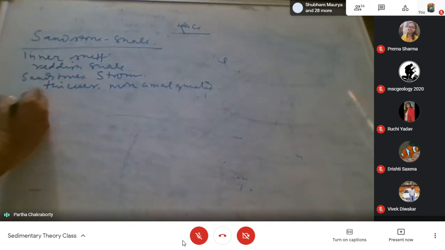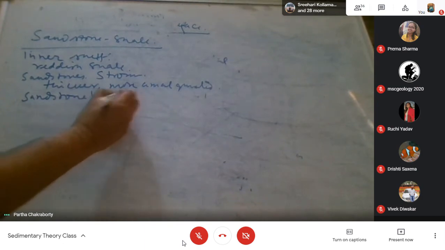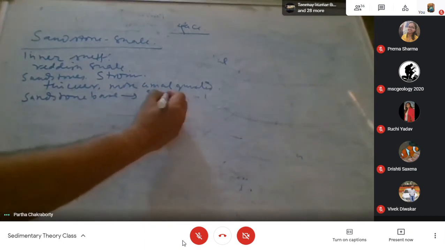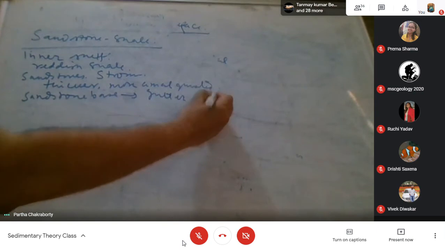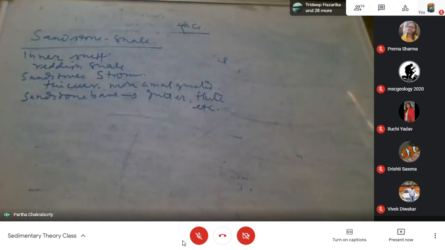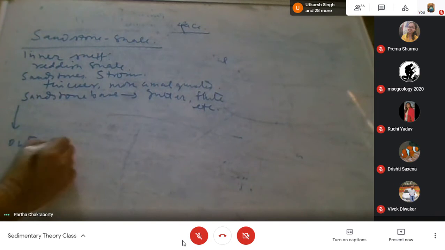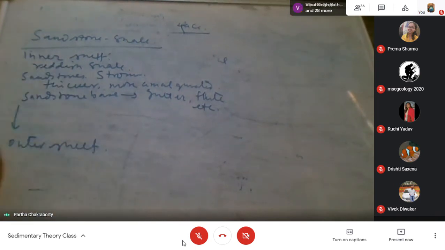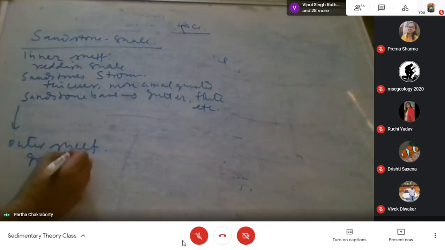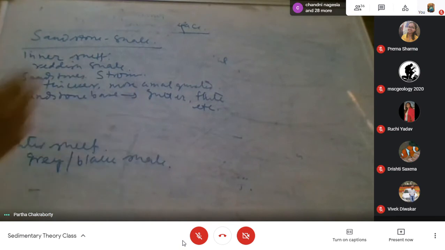At the sandstone base, I should expect gutter, flute, etc. Okay? As you move towards the outer shelf, the shale will be gray or black shale.